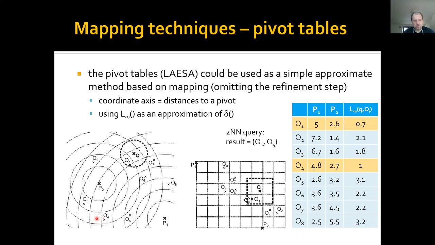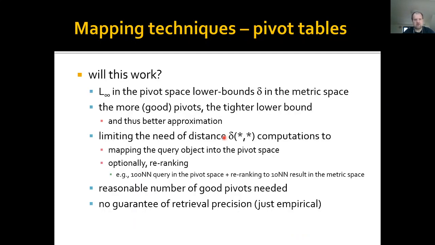It will be just small, and very far here, and therefore in a 3-dimensional pivot space, because we would have one more pivot, this O4 object will fall out of the cube, or ball, but it's a cube, of the query, and therefore the distance would be much larger than here, and in turn the approximation of these distances by the Lmax using more pivots would be much more precise than using a small number of pivots. So that's how to improve this technique. It's also how to improve the exact search, but it's the same.